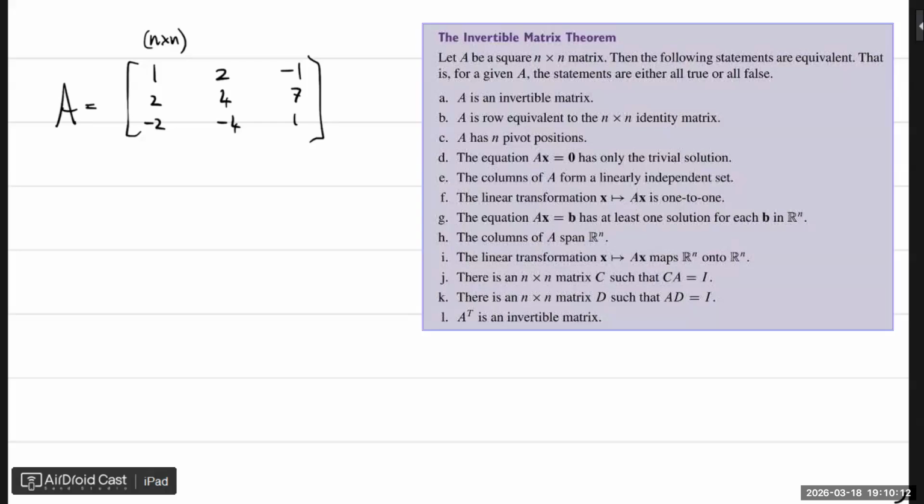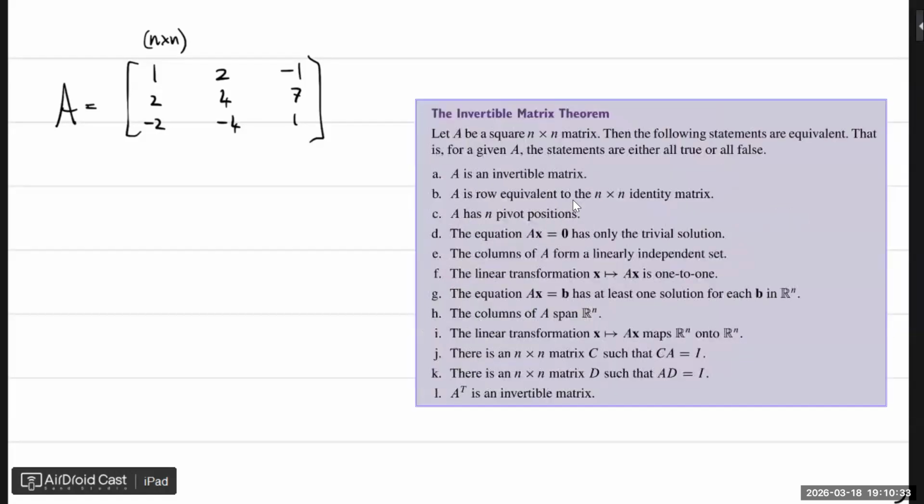Why not? Because the columns are linearly dependent. Which also tells me if I were to do the whole calculation, there wouldn't have been 3 pivot positions. There might only have been 2 or even 1, but not 3. And the list goes on.